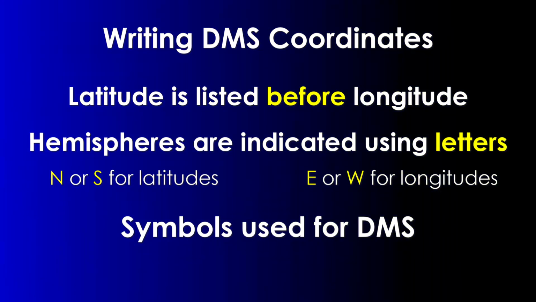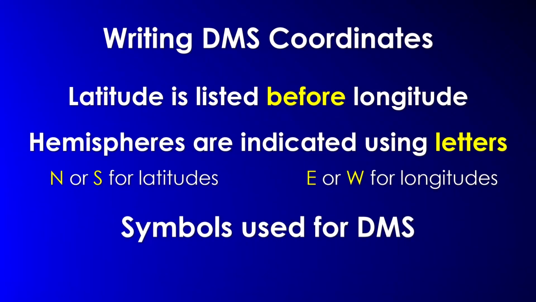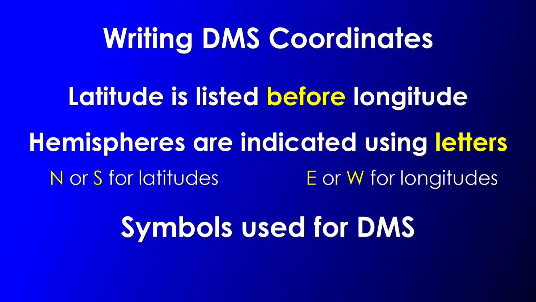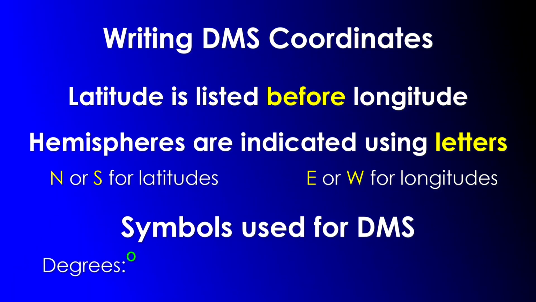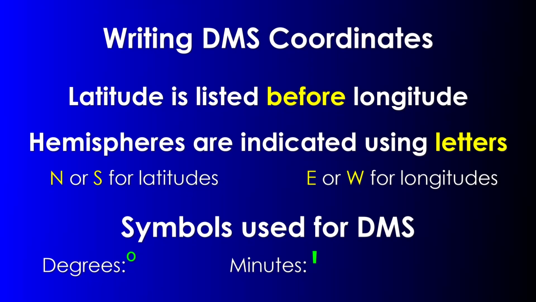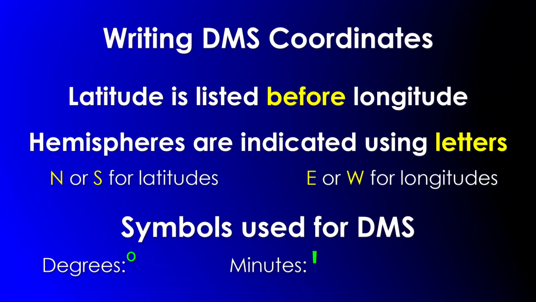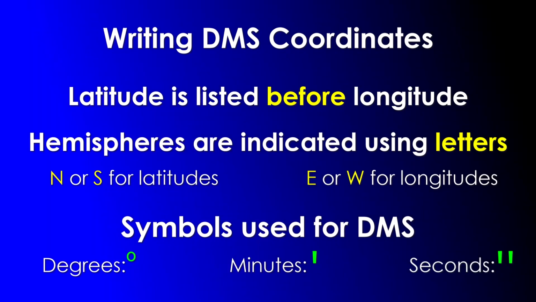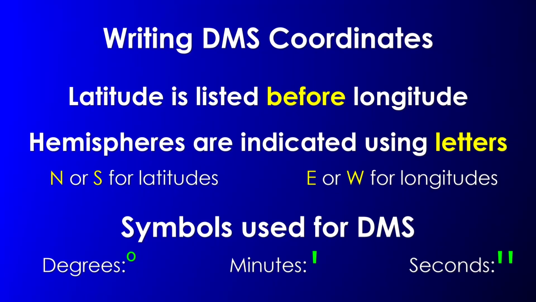Third, specific symbols indicate degrees, minutes, and seconds. The degree symbol is used for degrees. A single straight mark represents minutes, or more precisely, arc minutes, and a double straight mark represents seconds, or arc seconds.